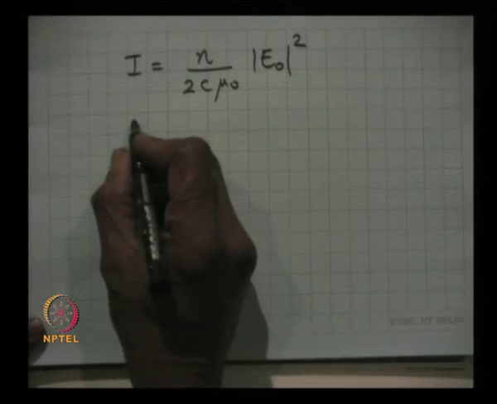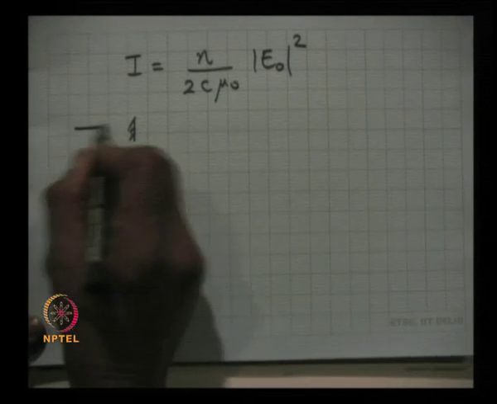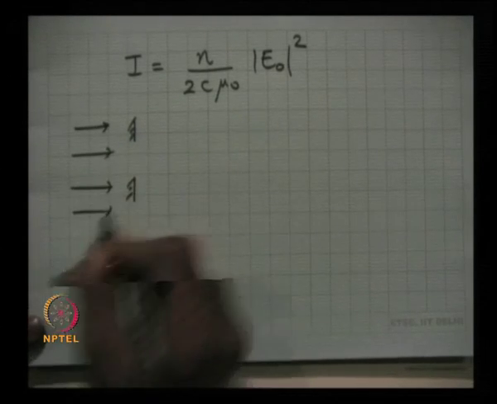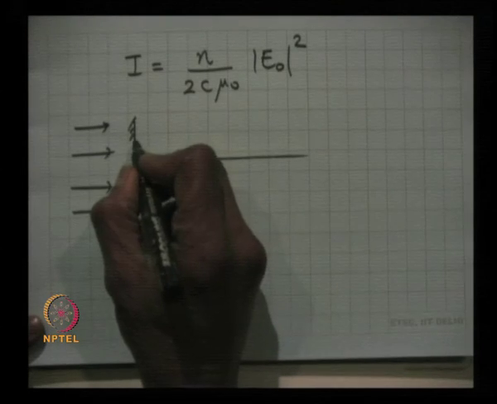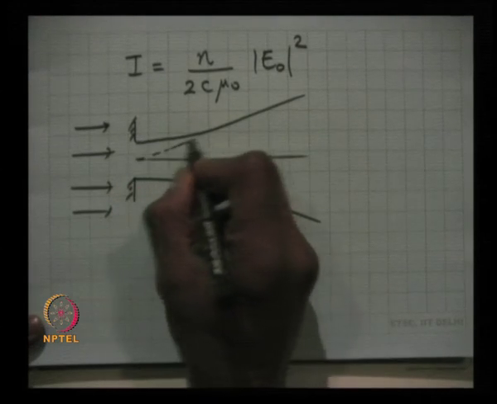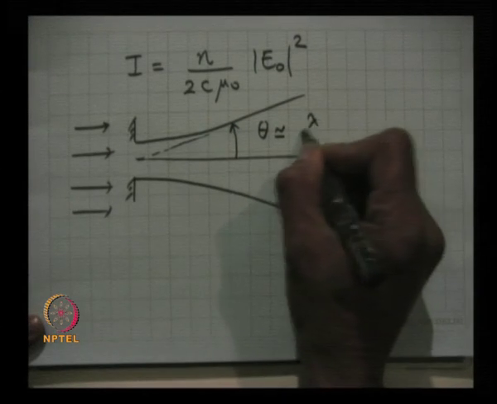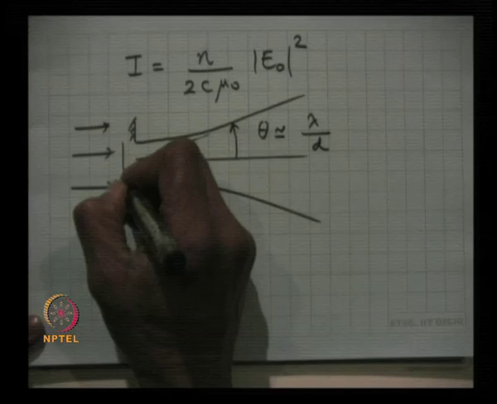So, where does diffraction come in? If I take a slit and send a plane wave into the slit, the beam actually comes out and diffracts like this. This angle is approximately lambda by d, the width of the slit.